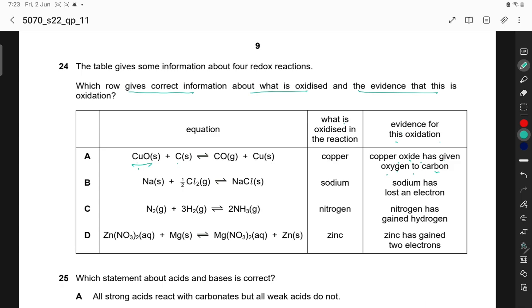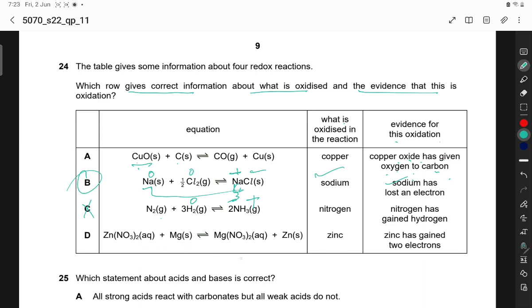Copper is not oxidized. Sodium is 0, over here plus, so sodium is oxidized, chlorine is reduced. Sodium has lost electrons, so B option is correct. Nitrogen is reduced, hydrogen 0 to plus, so nitrogen is reduced, so that's why it is incorrect.